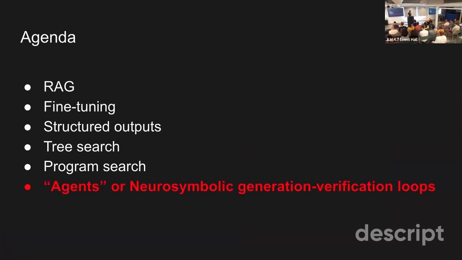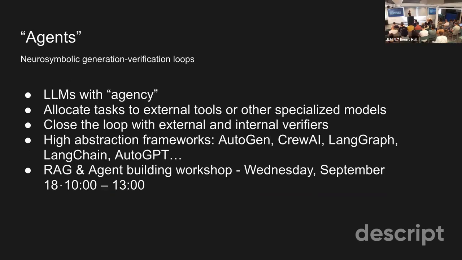Agents, which is a loaded term. My ugly definition will be neurosymbolic generation verification loops, which is kind of the things that we talked about in tree search and program search. What's neurosymbolic? Symbolic is the compiler, and the LLM is the neural part. So agents basically are LLMs with agency.